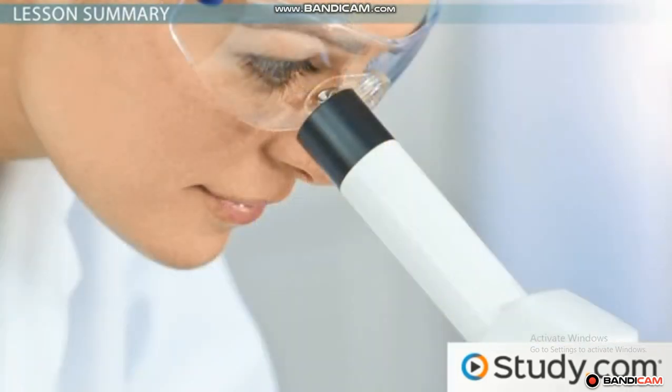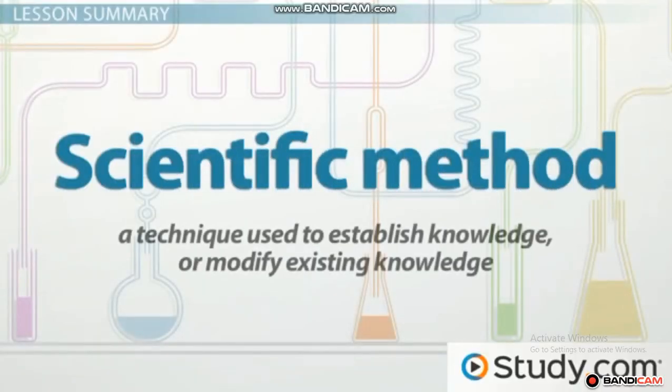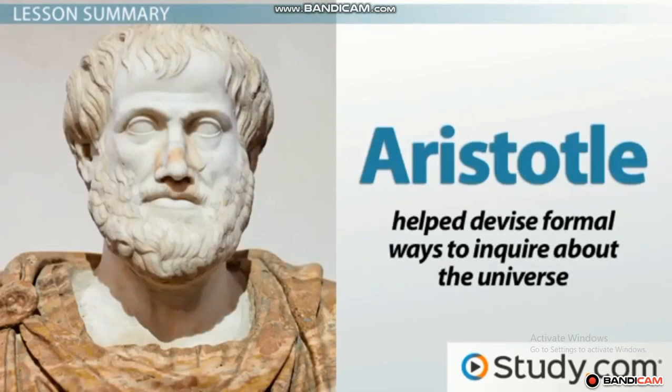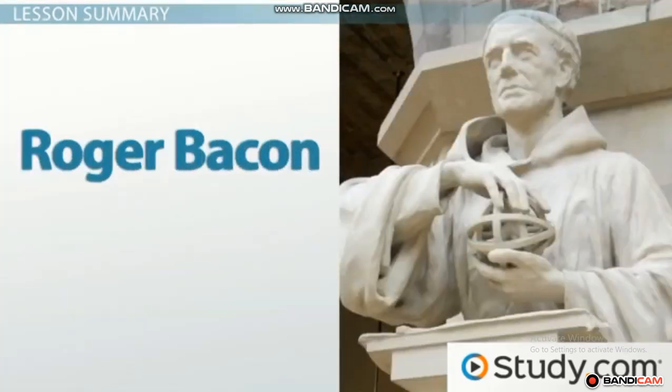Now let's review the key terms in this lesson. The scientific method is a technique used to establish knowledge or modify existing knowledge. Aristotle was an ancient Greek philosopher who helped devise formal ways to inquire about the universe. A breakthrough occurred with Roger Bacon, an English philosopher.